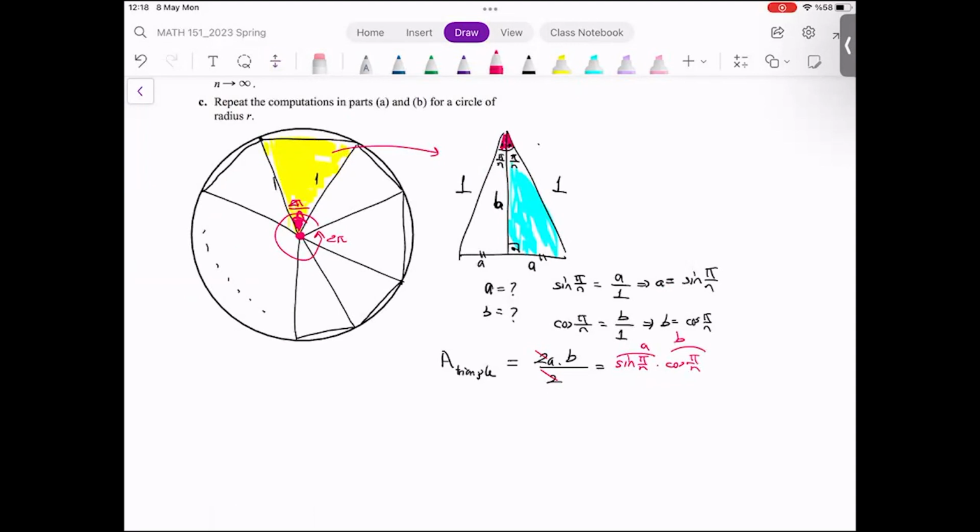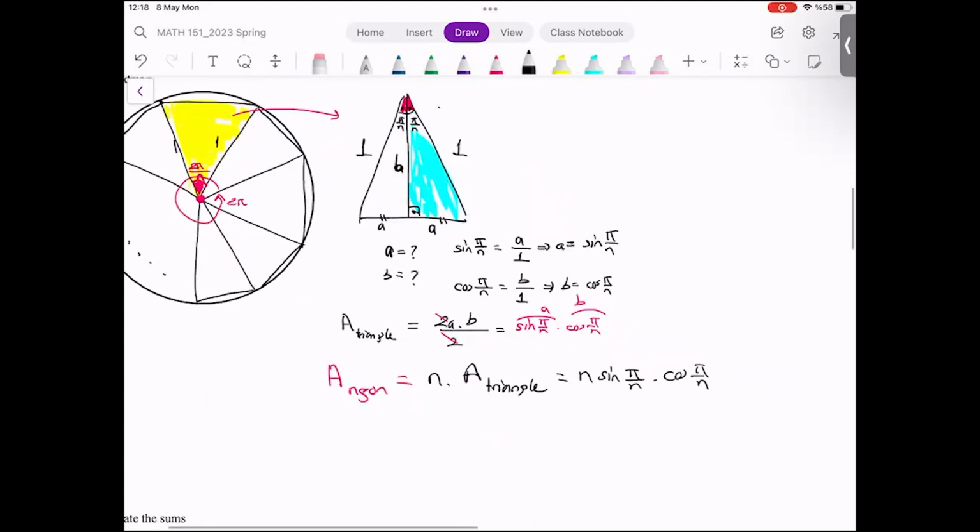Now we can find an expression for the area of the n-gon, n-sided polygon. I just need to multiply this area of the triangle by n. Area of n-gon should be n times area of triangle. Okay, so n times sine pi over n times cosine pi over n. Okay, this is the expression for the area of the n-sided polygon.